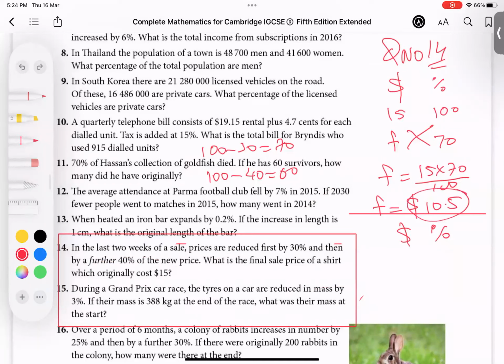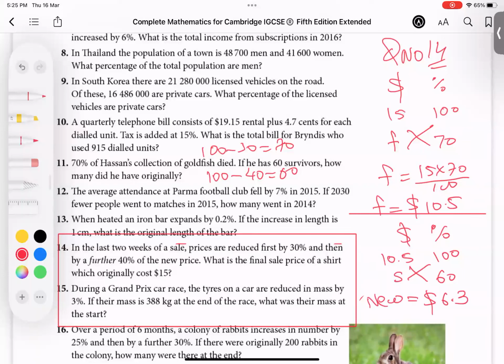Now this money, 10.5, will behave as the original amount. So I'm writing here 100% and 10.5. And after the 40% loss, this has become 60. So 60% equals S, the second price. So I'm finding it in no time, 10.5 times 60 and divide by 100. So the answer is coming. The new price after 2 decreases is $6.3.